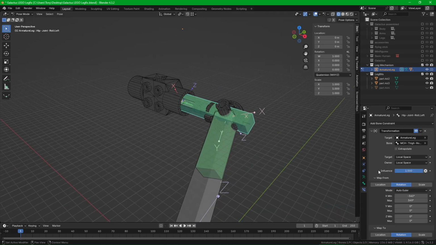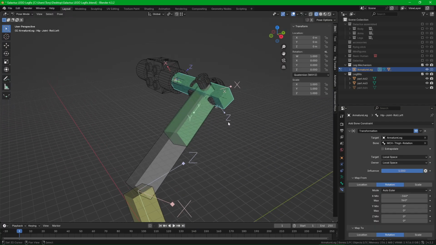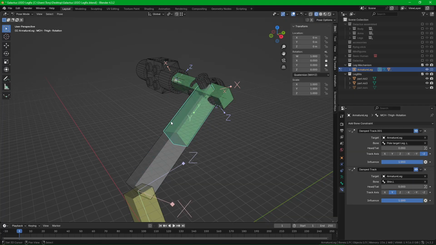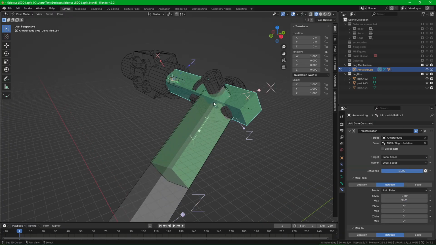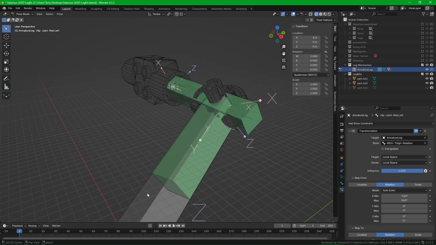And what this looks at is this thigh rotation bone here. Now, maybe I can replace this, I'll see. Which one would it be?